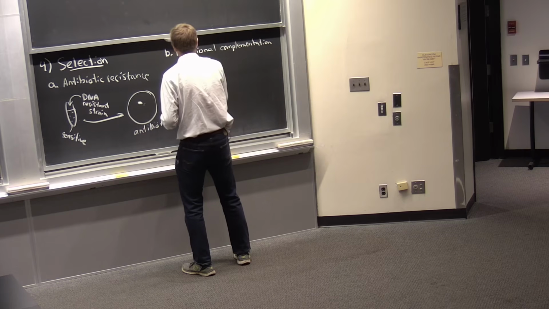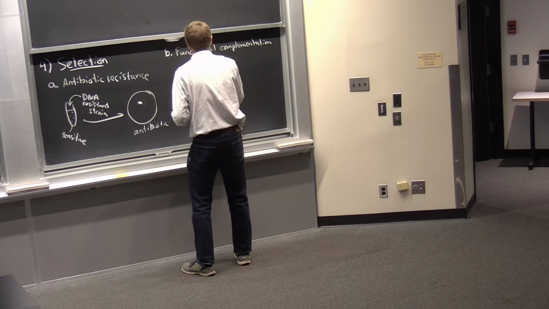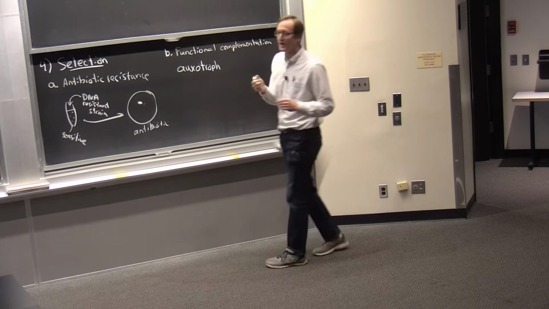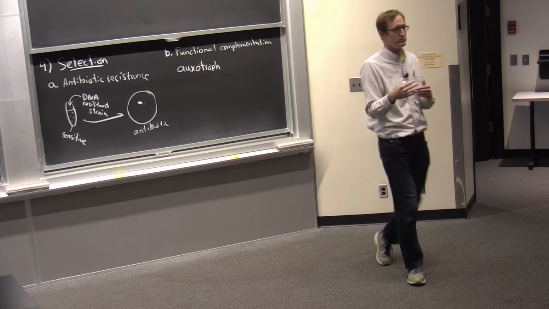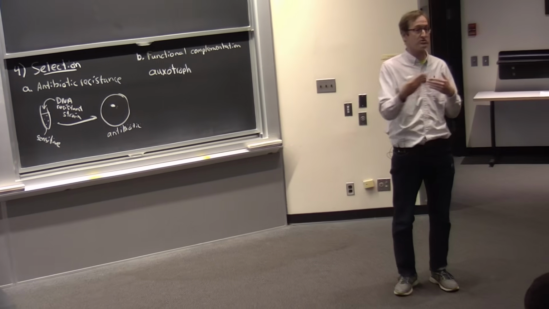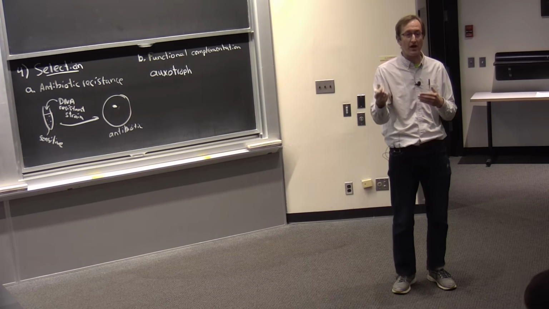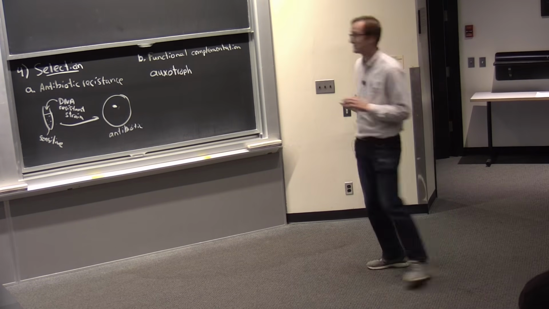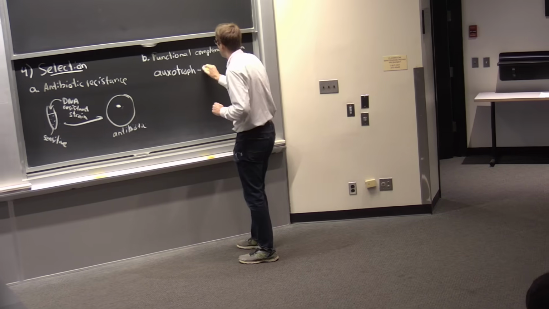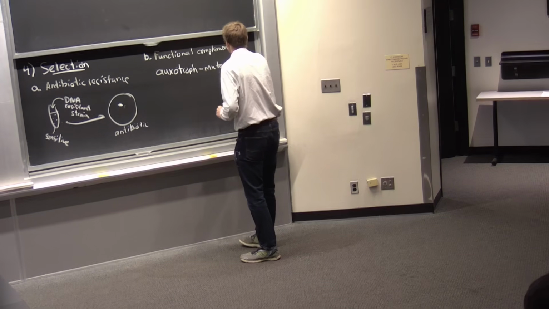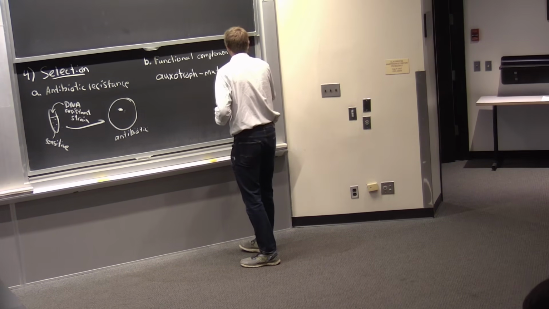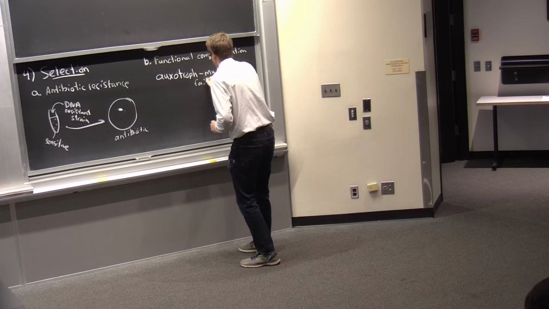And there are mutants of yeast known as auxotrophs. And these are mutant yeast or mutant microorganisms that fail to produce an essential nutrient, okay? So an auxotroph is a mutant that fails to make a nutrient that's essential.